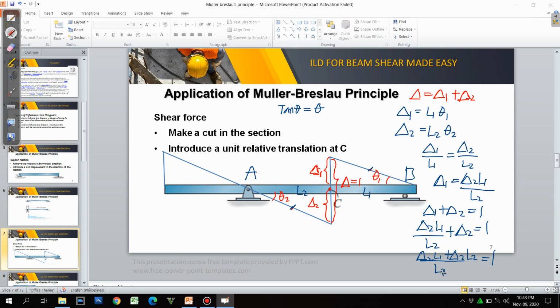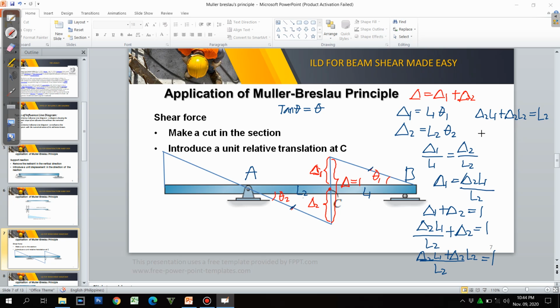Okay, so by cross multiplication, we can cross multiply that one and then remain this as our left hand equation. We have delta 2 L1 plus delta 2 L2 is equal to L2.